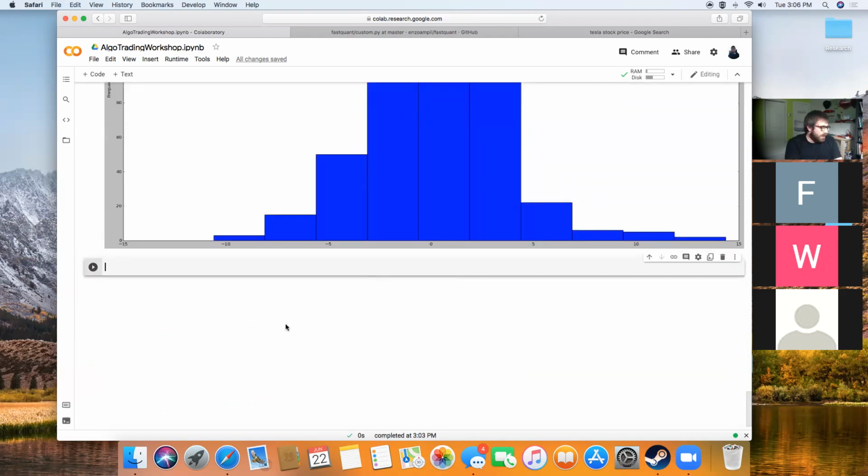Yep. So this is what we're going to do now. We're going to add a new column to the data frame, and we're going to call it label. So I'm going to start by just making a copy. Let's call this column label, and this will be equal to the percentage change.